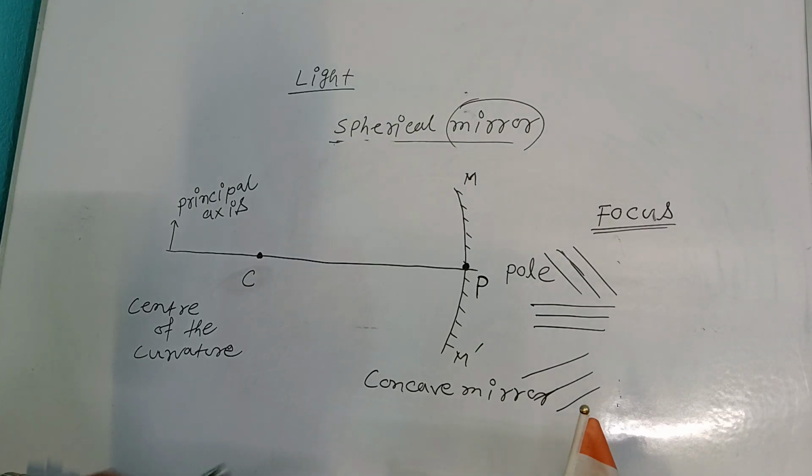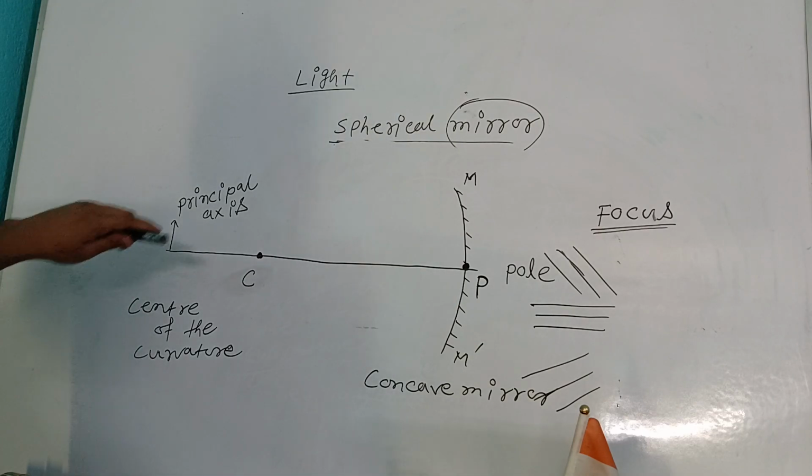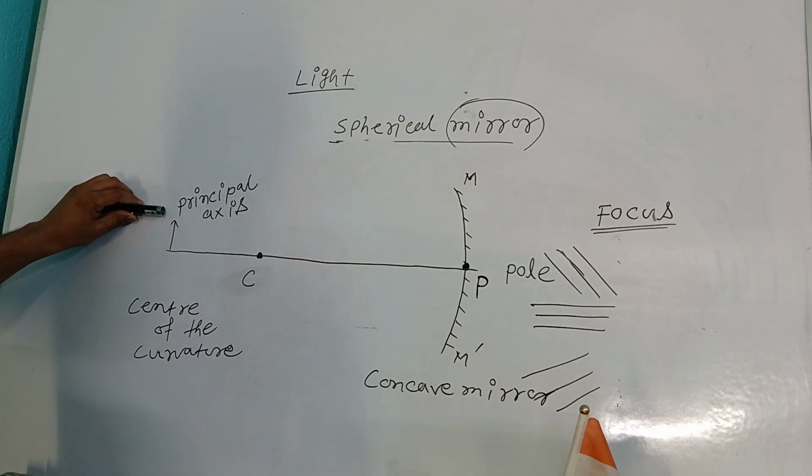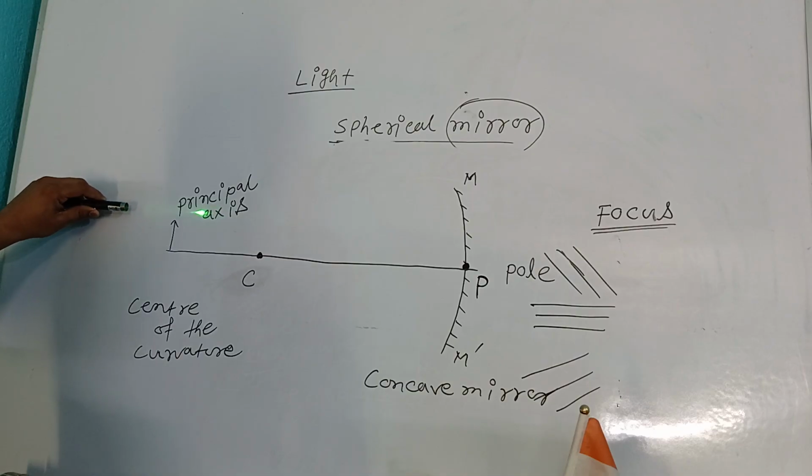So I am showing, say this is a pointer, and suppose this is the mirror. Consider this is the incident ray I am showing with this pointer.